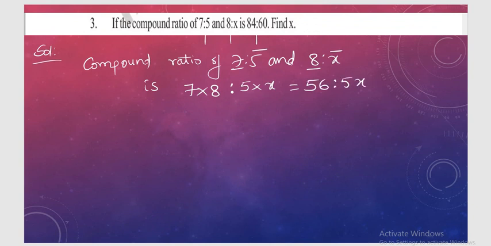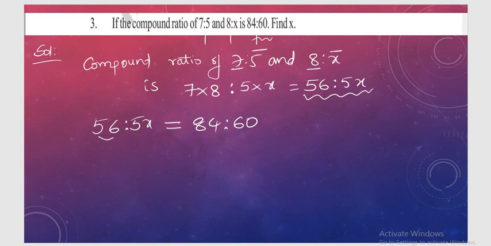But in the question what he has given is 84 is to 60, no? That means this particular 56 is to 5x is equal to 84 is to 60, right?